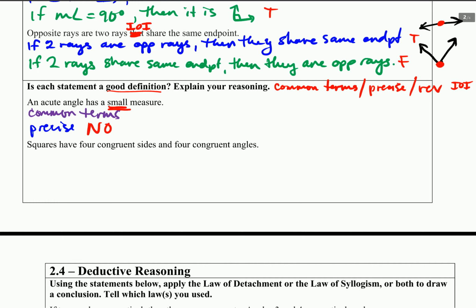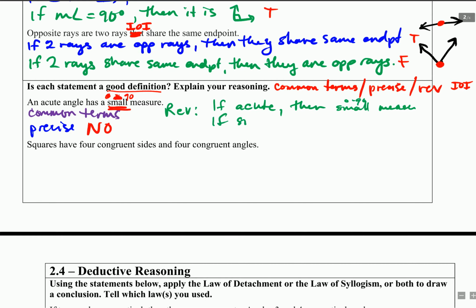Small is not a precise term in any way. So what would we have done instead? We would have done our 0 to 90 degrees, right? 0 is less than x is less than 90. So it's already not a good definition, but we could check, is it reversible? So we would go, if your angle is acute, then small measure, I can barely even say it, that would be true if we made this the 0 to 90, right?